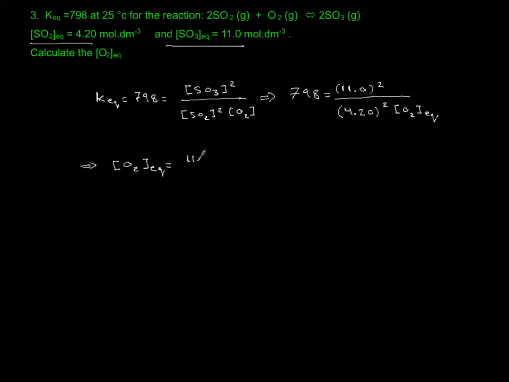So this is 11 squared divided by 4.20 squared, divided by 798. And when you do this, you will get concentration of oxygen to be 0.00860 mole per decimeter cube. So that's your answer.